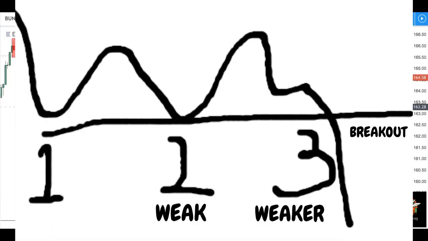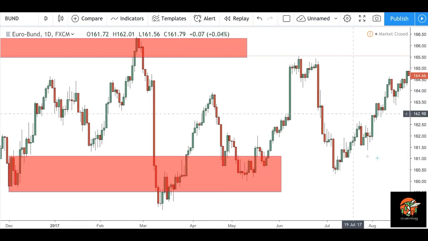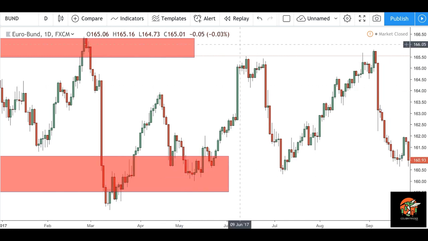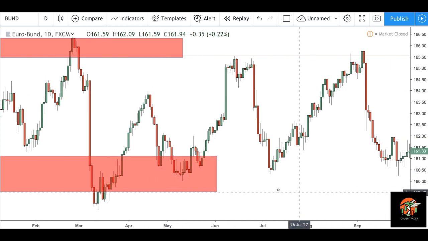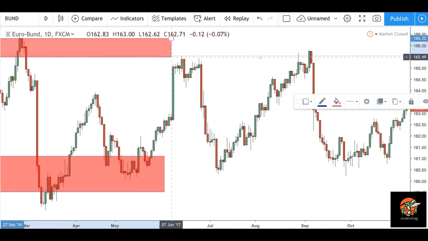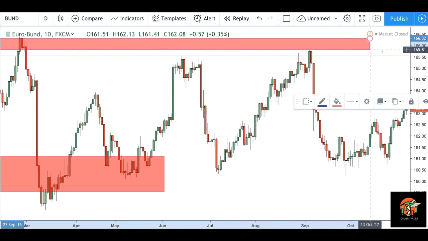Here you have a second time, and then the more times it has been reached, the weaker it becomes. So here you can see the price has been range trading for a bit in between those two boundaries, and it found areas rich in support and demand, buying and selling.